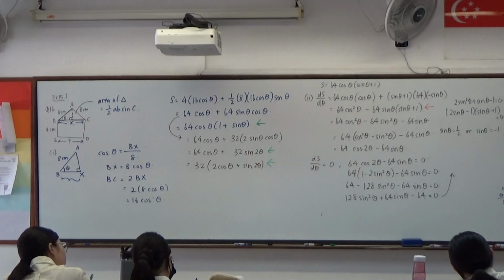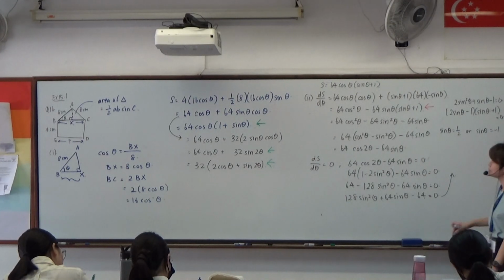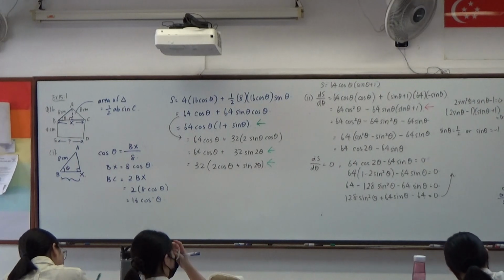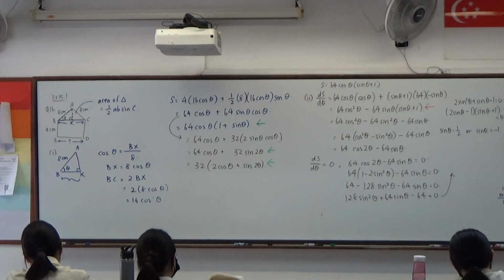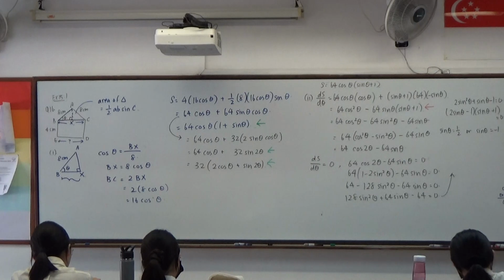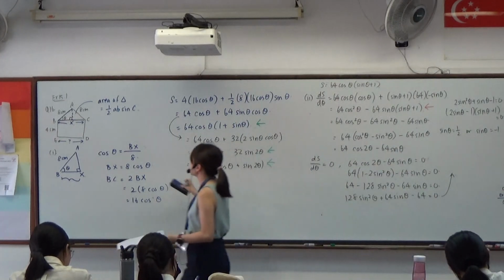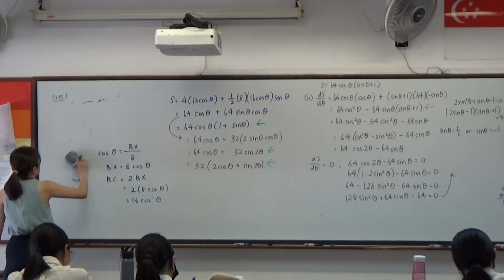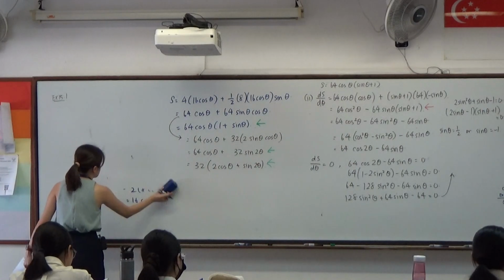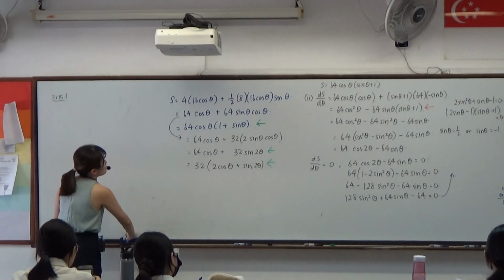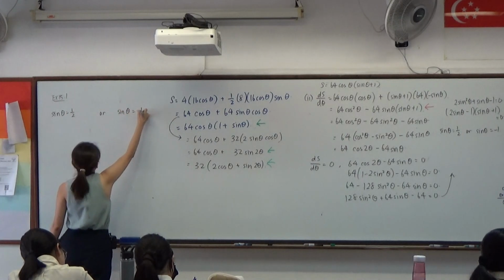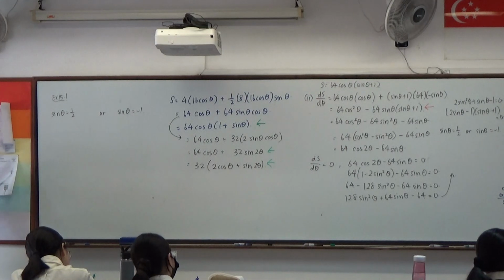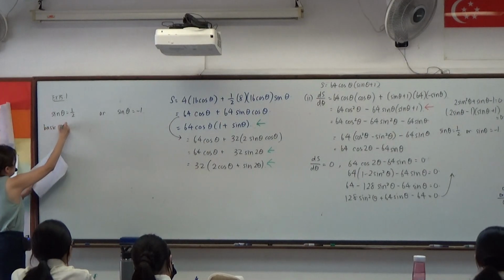And we have two sine values. So if sine theta equals half, the basic angle will be pi over 6.